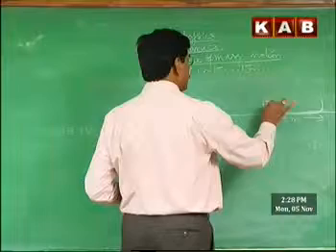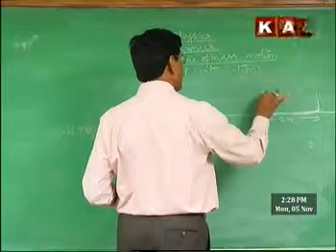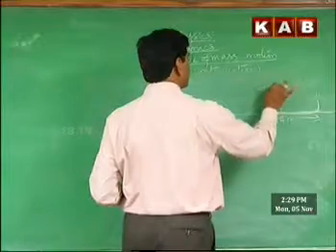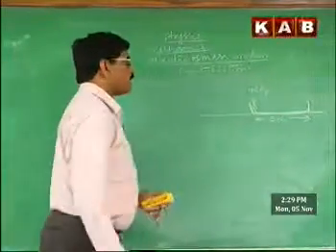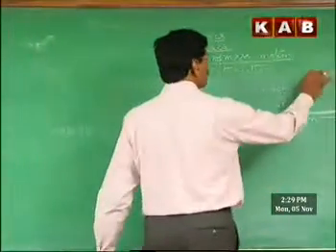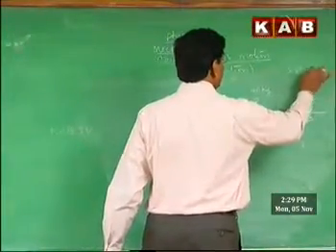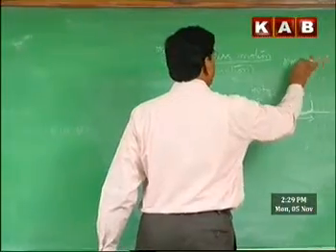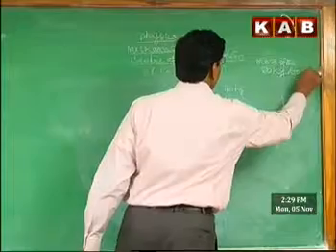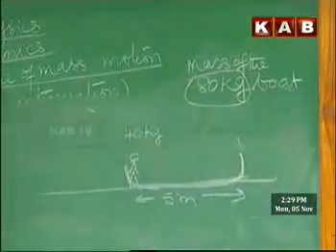A man of mass 40 kg is standing at one end of the boat, and the mass of the boat is 80 kg.